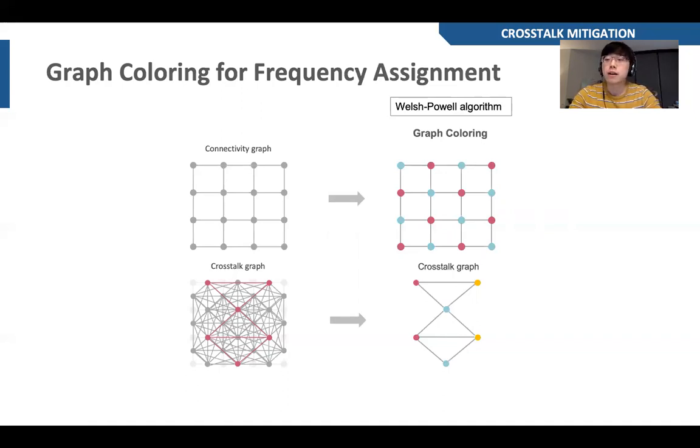Notice here that we only color an active subgraph of a crosstalk graph, highlighted in red, for example, on the bottom left figure. Only a subset of qubits are involved in the two qubit gates at each time step. So we only need to color the subgraph of the crosstalk graph for that time step.